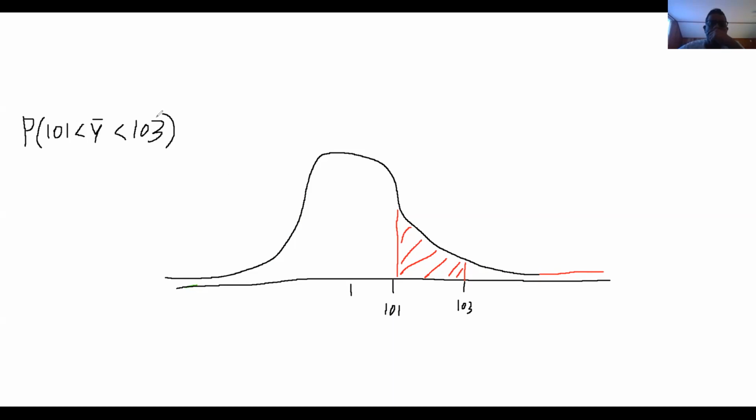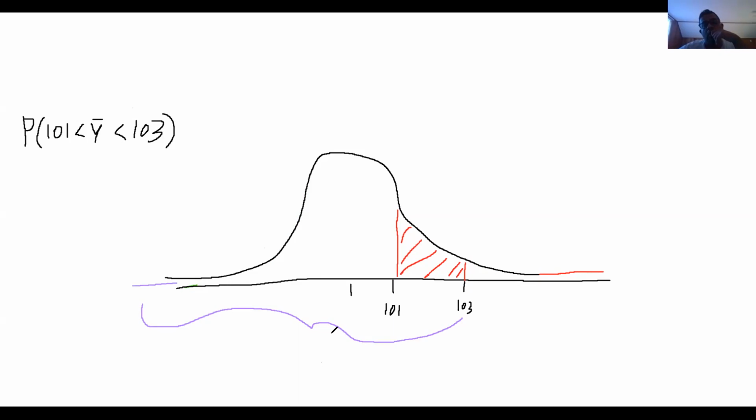We work with this number, 103, and we find the area to the left. That means that we would have all the area from negative infinity up to 103. But that's not what we want. What can I do to get rid of the extra area that I have? You stop at 101.